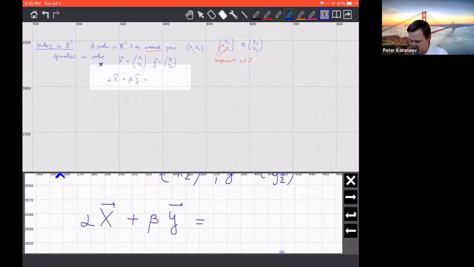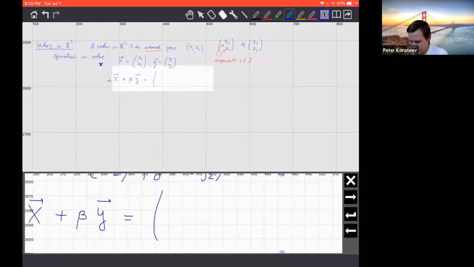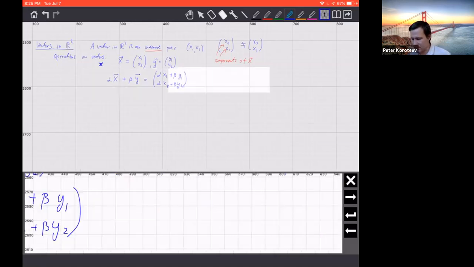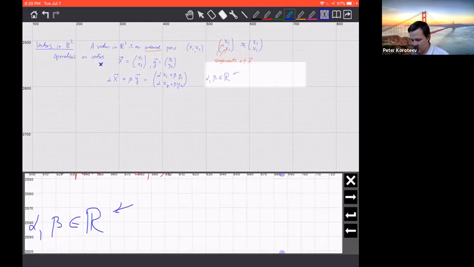That will give you the vector with the following components: alpha x1 plus beta y1, and then alpha x2 plus beta y2. So in other words, when you multiply the vector by a number, and here alpha and beta are real numbers, I remind you, this is the sign of the set of real numbers.